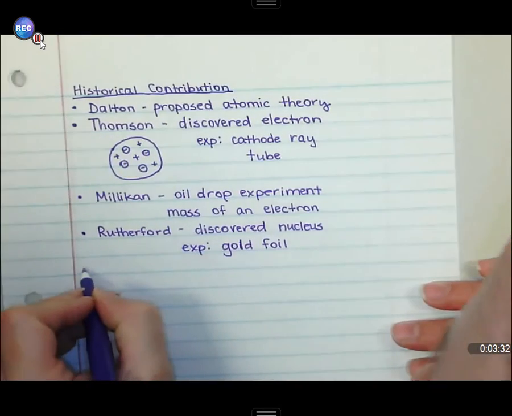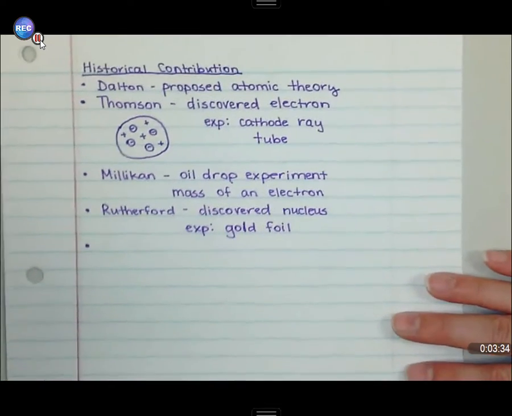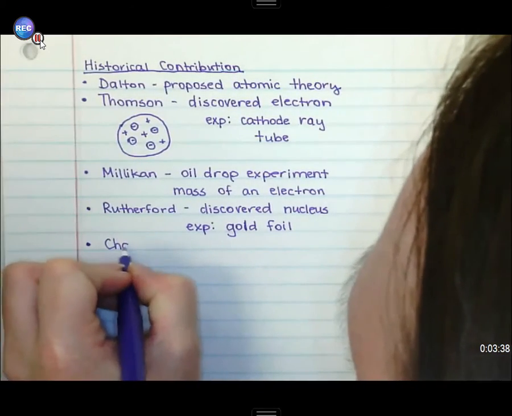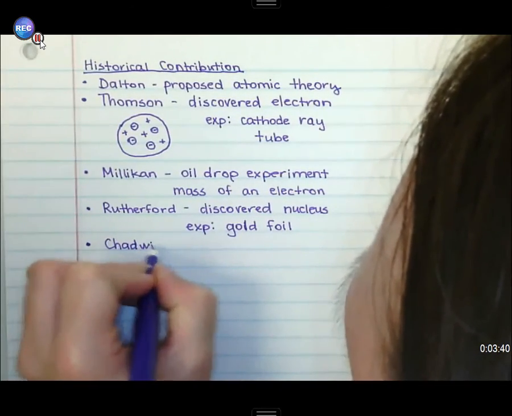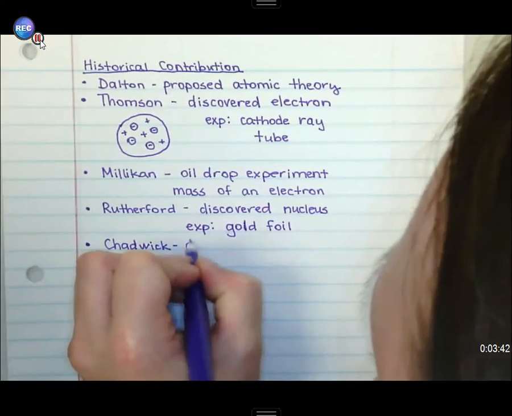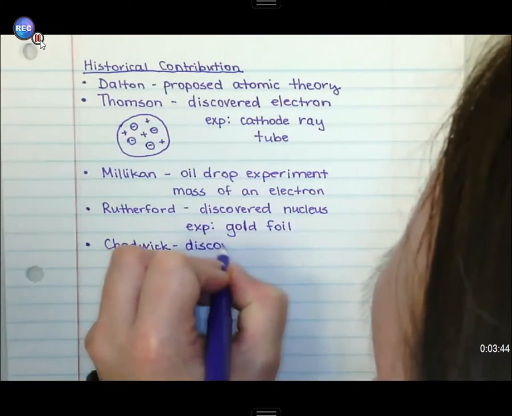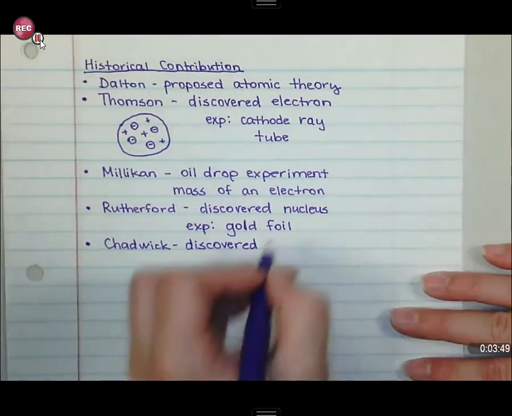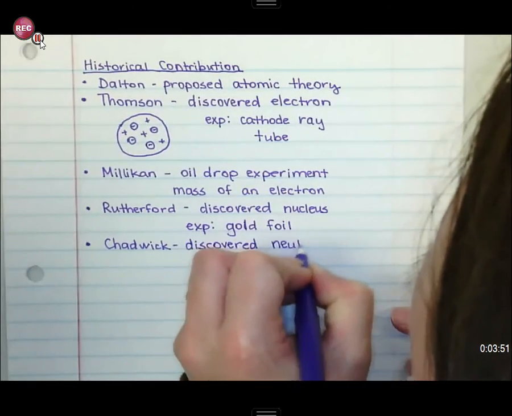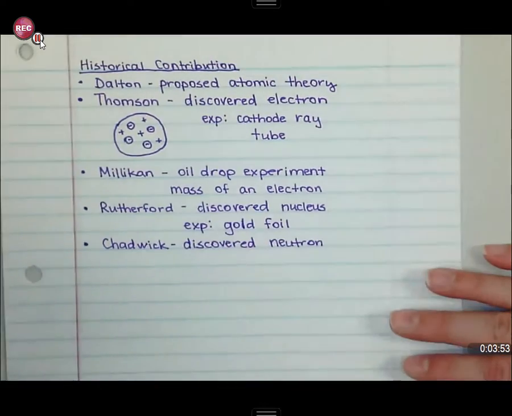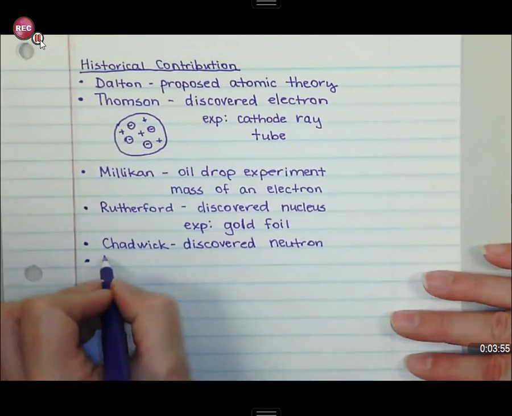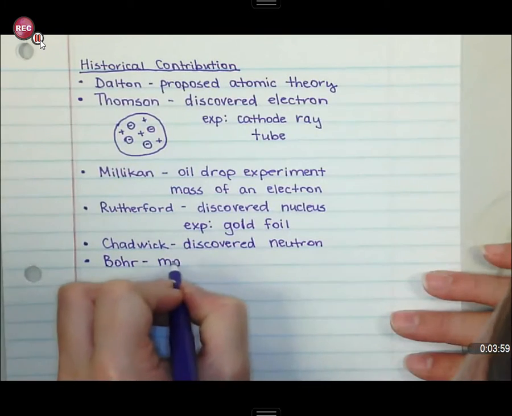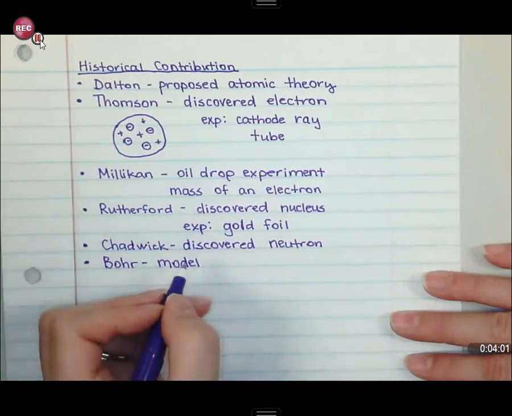Then there's one that we did not put on to the timeline, but I want to bring up. Chadwick. Chadwick discovered the nucleus. Discovered the neutron. I said nucleus, I meant neutron. Discovered the neutron. And then we had Bohr. He came up with that model that we learned about yesterday.